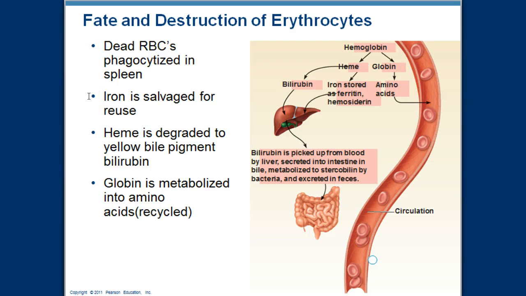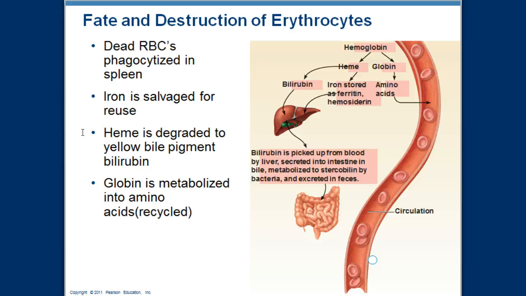The iron, because it is a mineral and you don't get tons of it in your diet, is stored generally in your liver and then somehow makes it back to the bone marrow so that it can be incorporated into new red blood cells. The heme itself is degraded. For whatever reason, your body decides it doesn't need to hang on to it. It has the energetic ability to just make more heme.